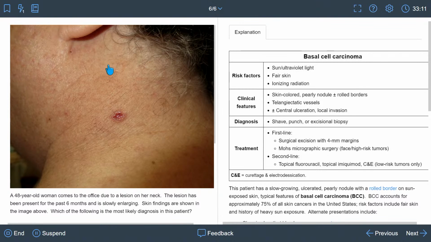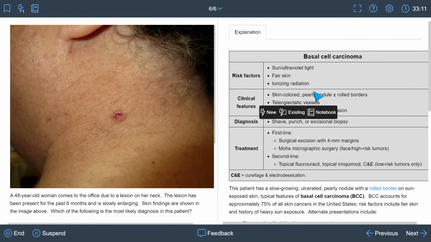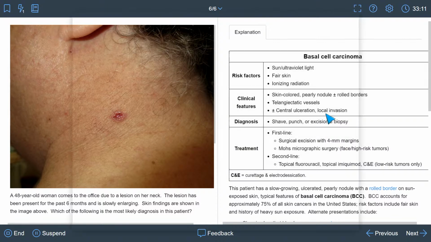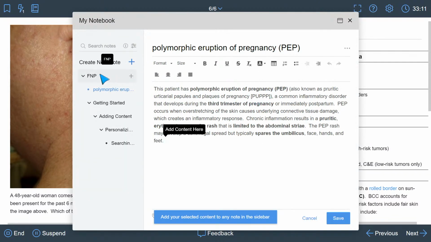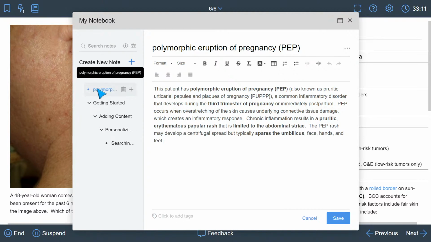Now, say you're the type of learner that prefers to create your own study guides, and you want to put as much information as you can stick in a Word document so that you don't forget any information to review it later. You could also click that and you will see what's known as notebook. You click that, you're going to see my notebook come up, and we've already had some little notes created in here under the FNP tab, and the first bullet point is this here.